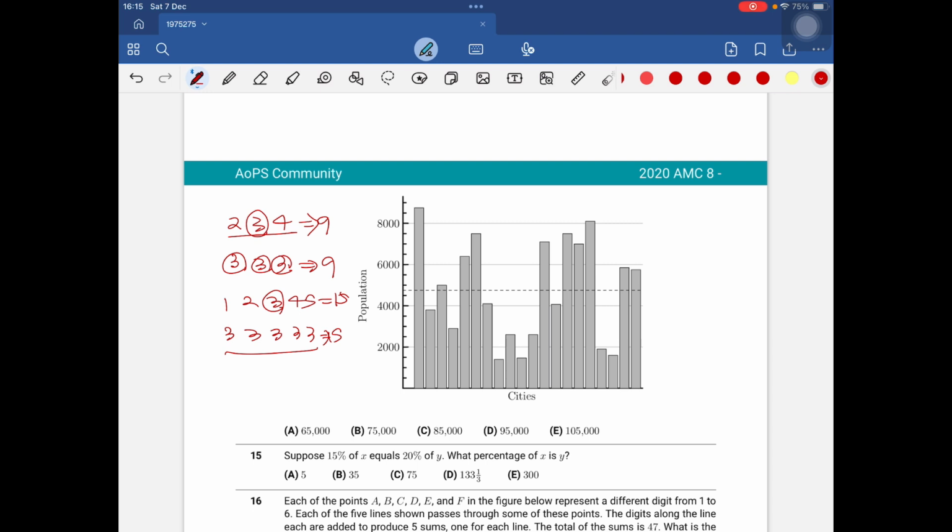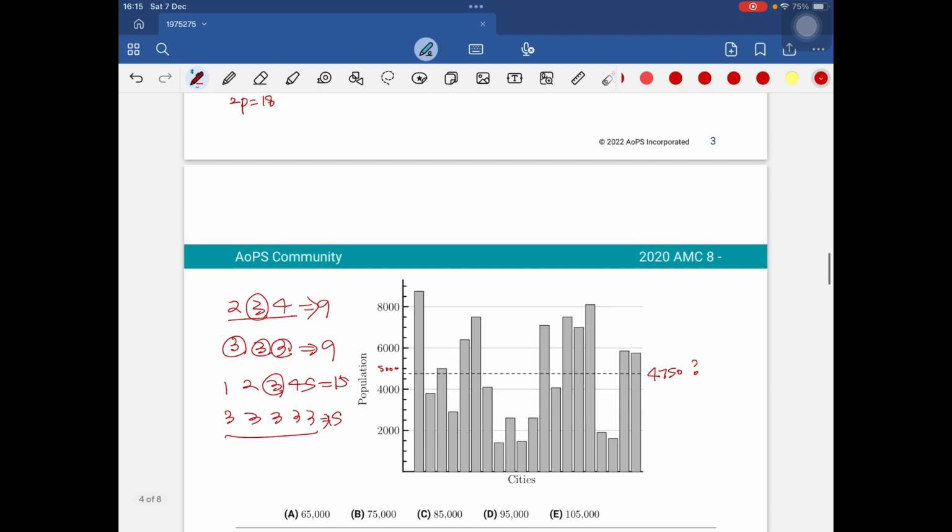So this is 5,000, 4,500, 4,700, 4,750 maybe. And now we have 12 cities.